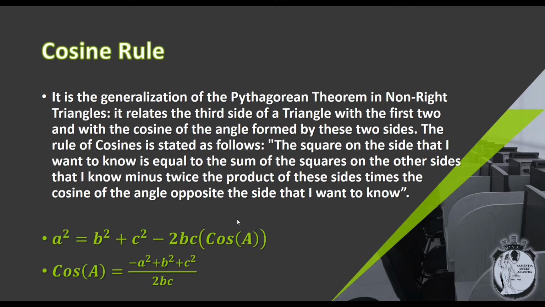And what is the other case in which you can use the cosine rule? When you need to calculate an angle and you have the measurements of all three sides of a triangle. Only in those cases you can use cosine rule.